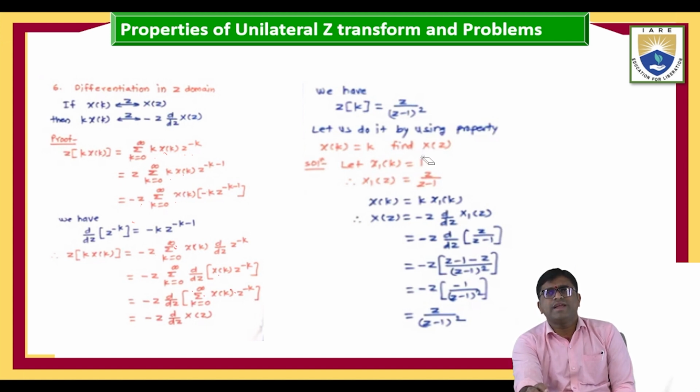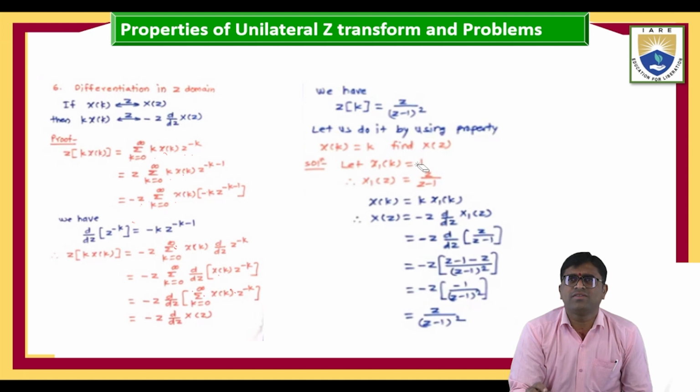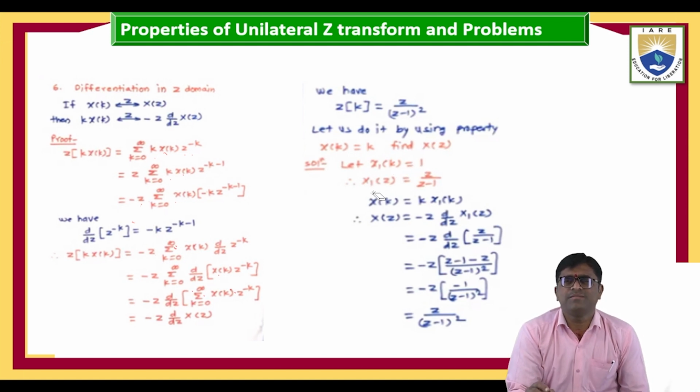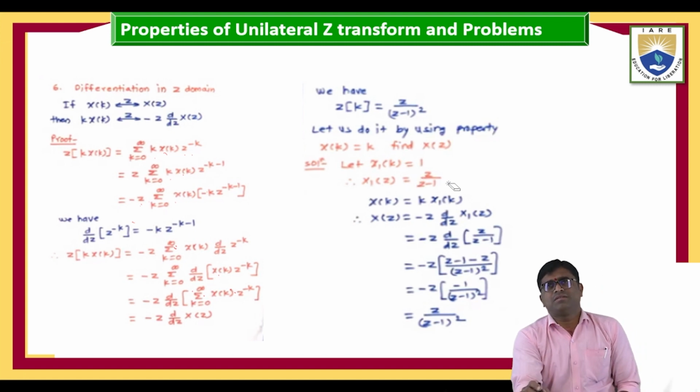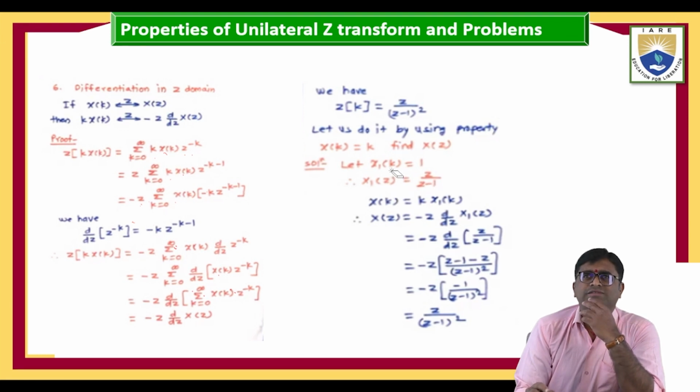Okay, how can you find the x of z? Here I am taking x1 of k equal to 1, and for this x1 of k we take the z transform, so x1 of z equals z by z minus 1. Okay, so take x of k equal to k into x1 of k.